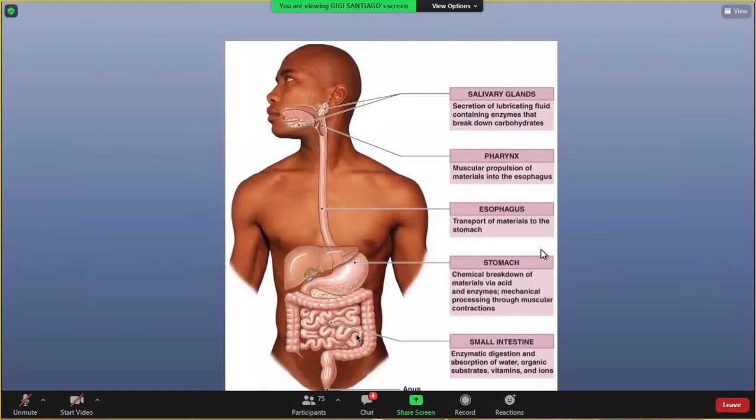Okay. Now, as it does its function, it involves several processes, of course. First, we have the ingestion of food.